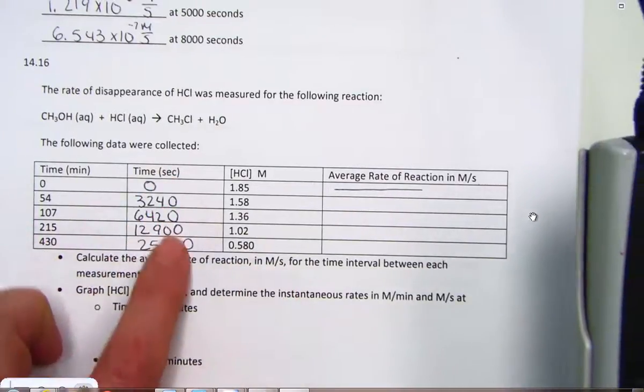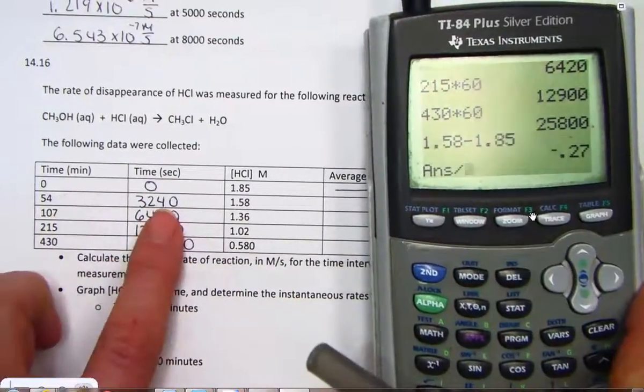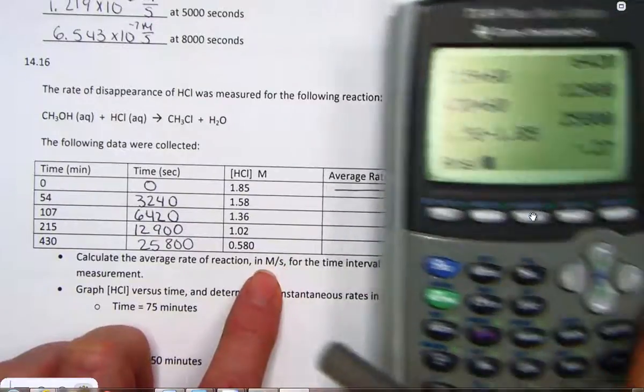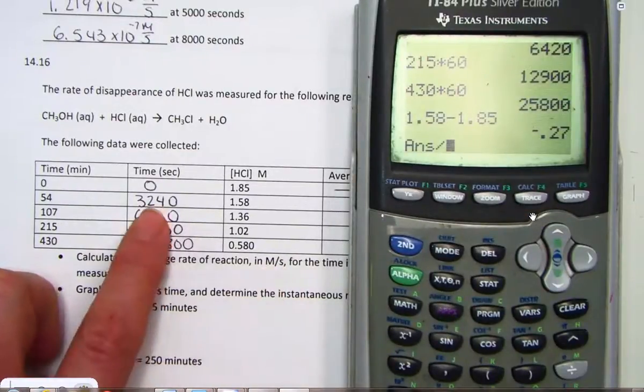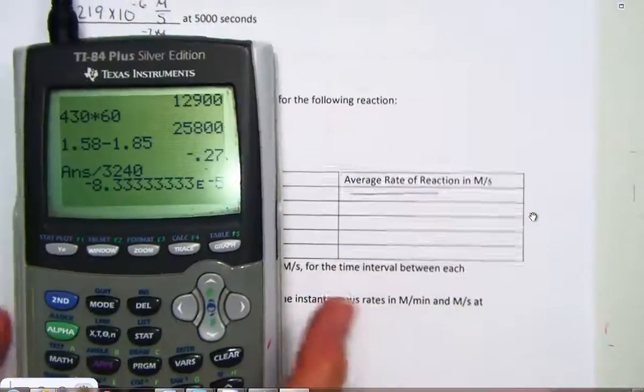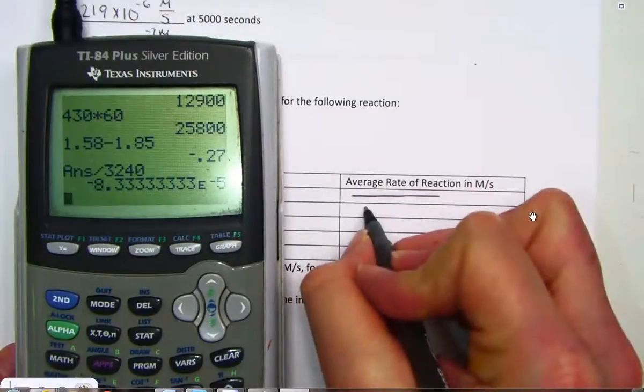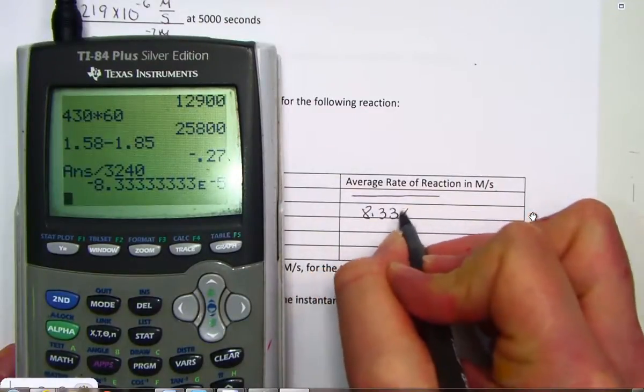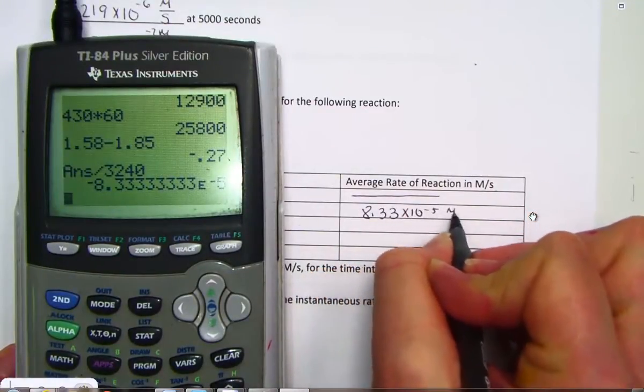So I'm going to take the time in seconds, not the minutes, so I get the unit they asked me for. So that time interval was 3240 minus 0. And here's the rate given to us in molarity per second for that next line, 8.33 times 10 to the negative 5th.